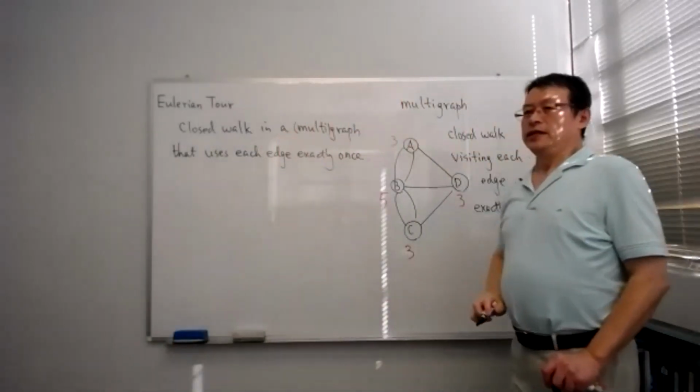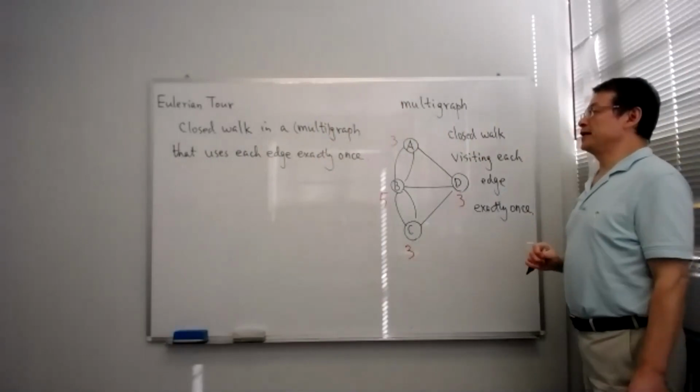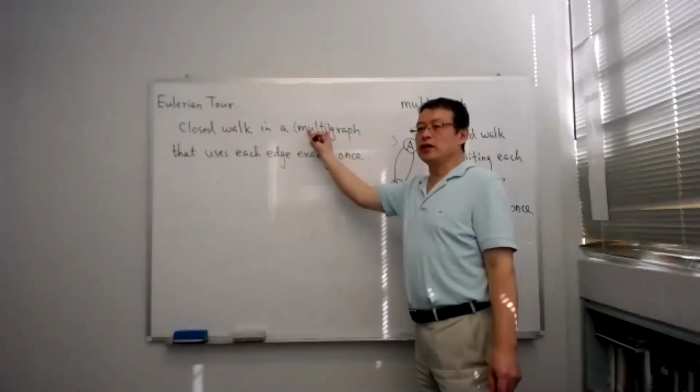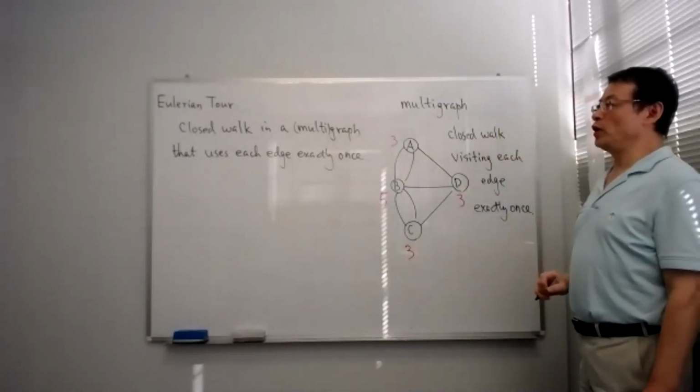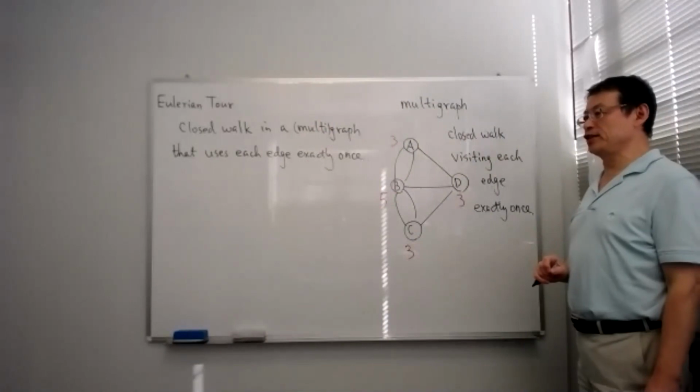So if we're looking for a closed walk in a graph or multigraph that uses each edge exactly once, what will be an obvious necessary condition?